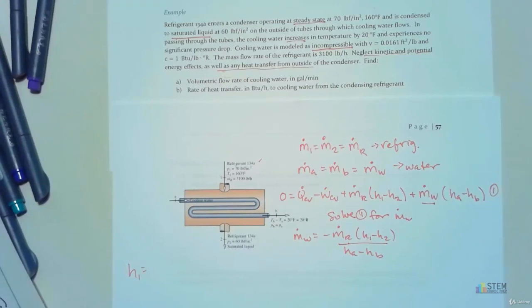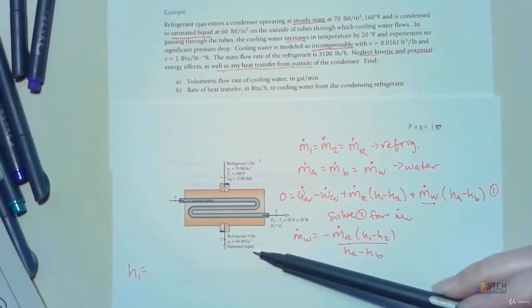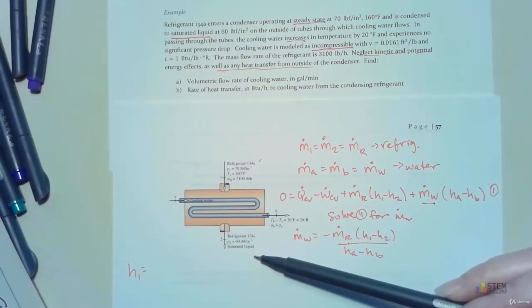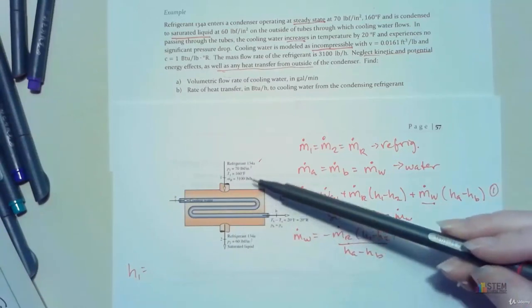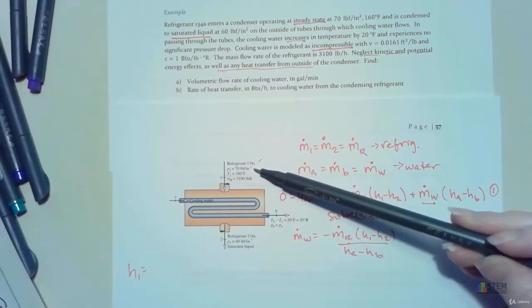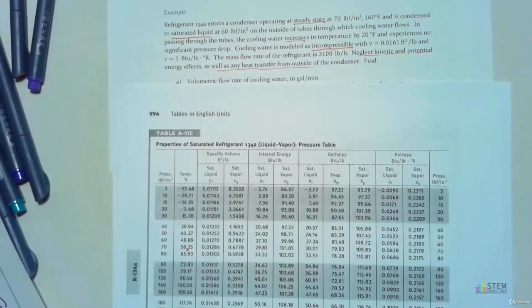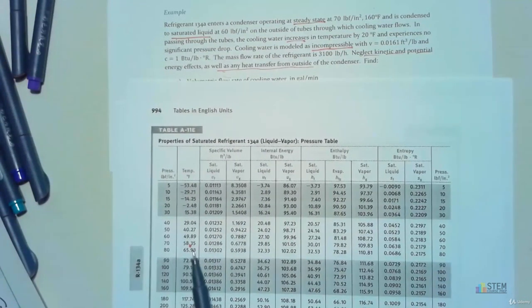Let's go to our table and see what we have. We know at the exit we have saturated liquid, so that one's easy to know what table. But just to show you how to go through the tables and figure it out, let's look at our pressure. The pressure is 70, so go to your saturated refrigerant table and find 70.